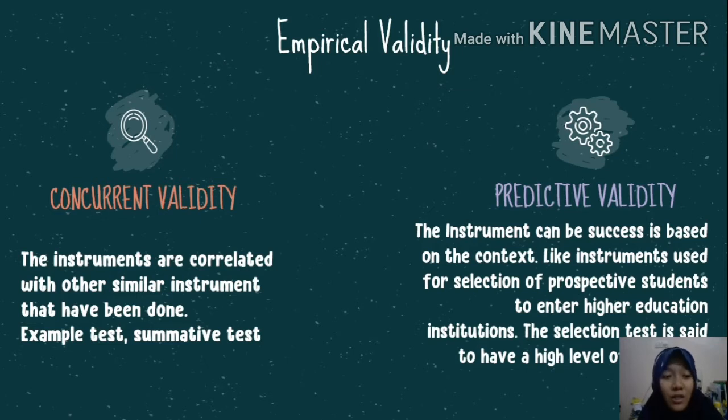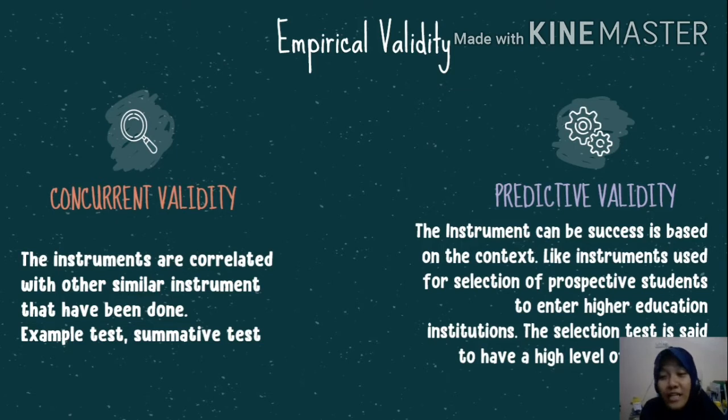An example of concurrent validity is tests, like summative tests. So the teacher makes the instrument based on activities that have been done in the past, like the test before, the summative test before, and so on.